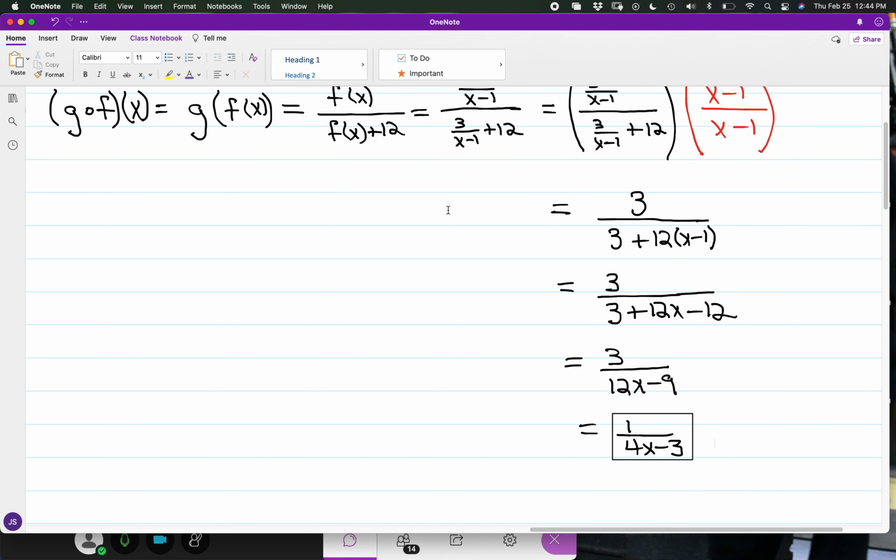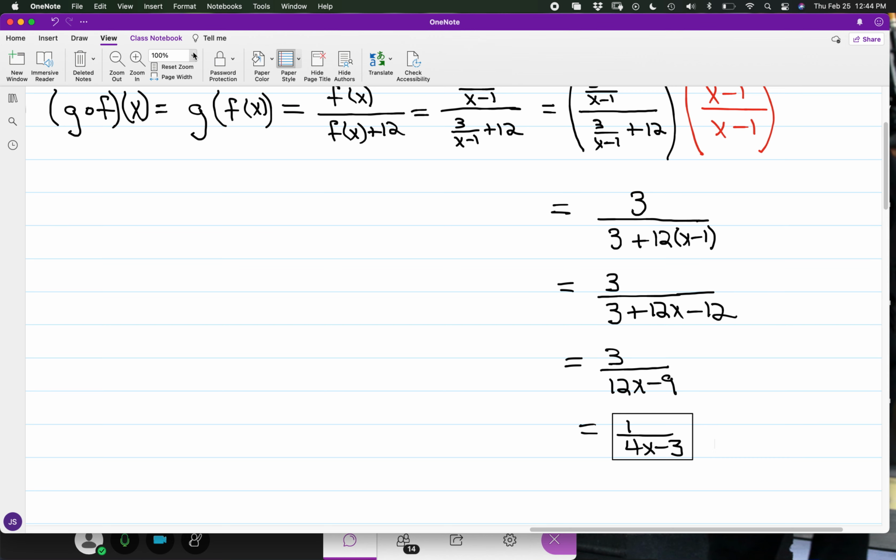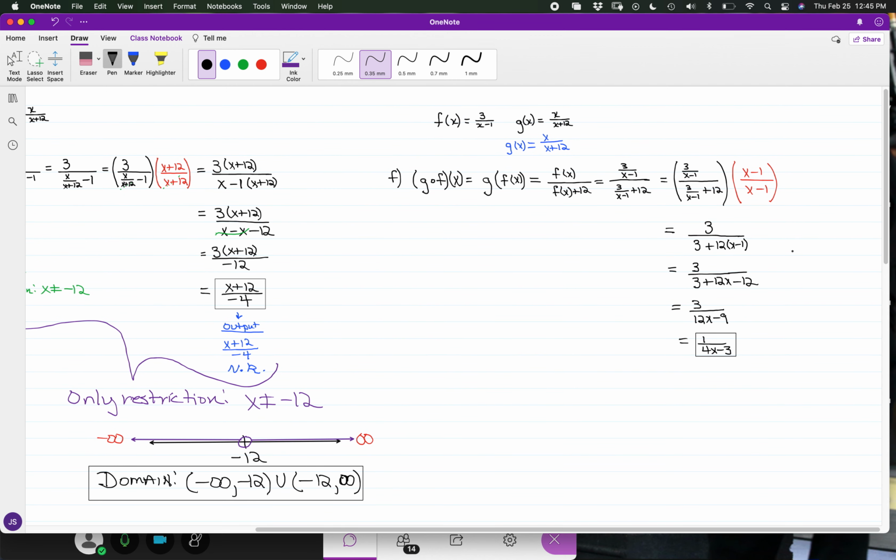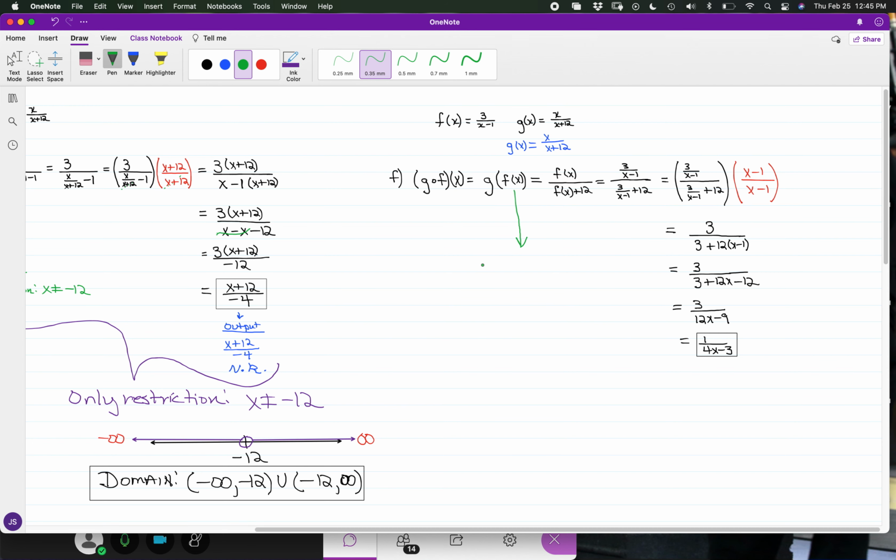Okay. And in terms of what we have regarding the domain of this composition, we have f of x as the input.